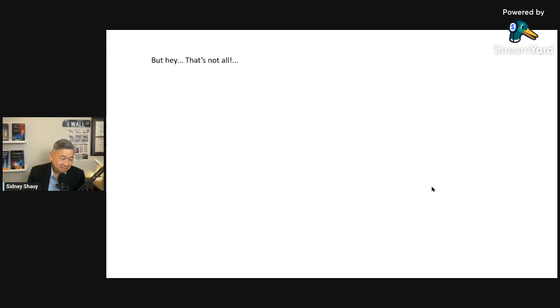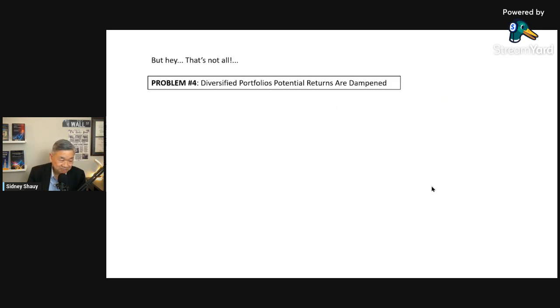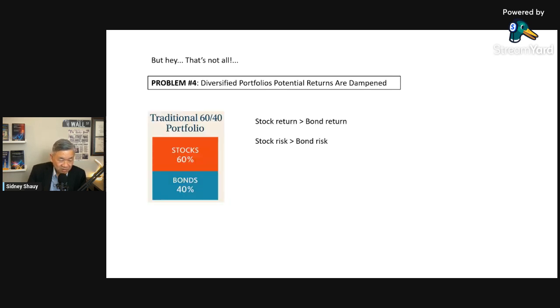All right, but that's not all. We have another problem, which is that the diversified portfolio's potential returns are dampened, because when you are adding a lower return asset to your portfolio, of course, the overall net return is going to go down. The stock return is greater than the bond return. The stock risk is greater than the bond risk.